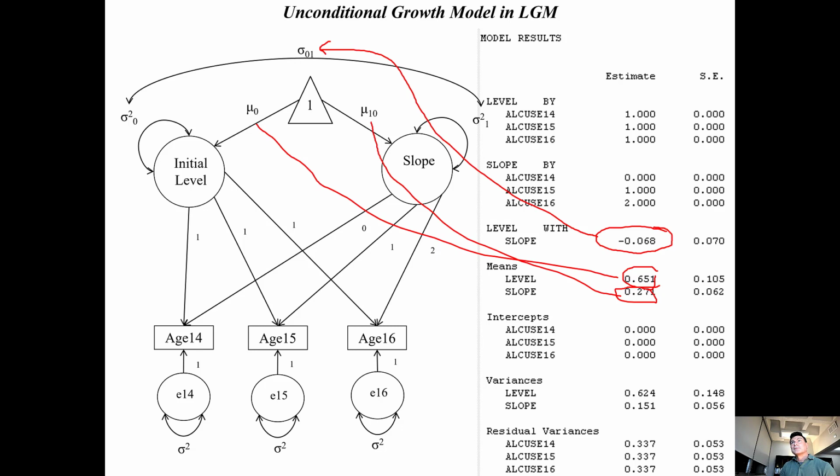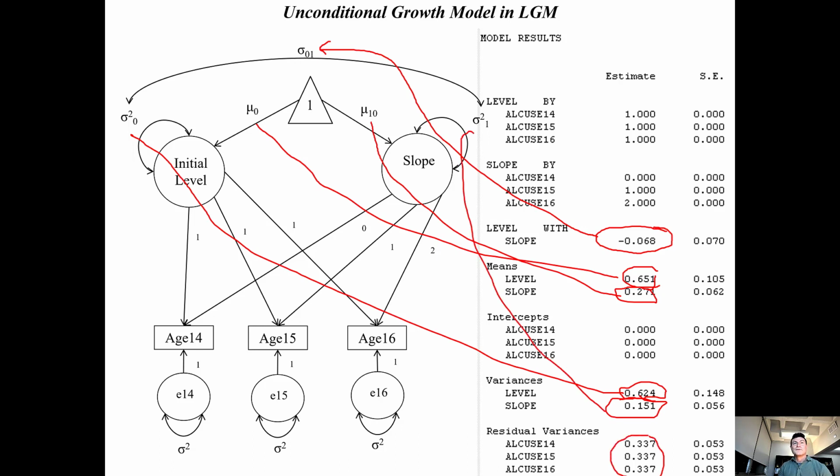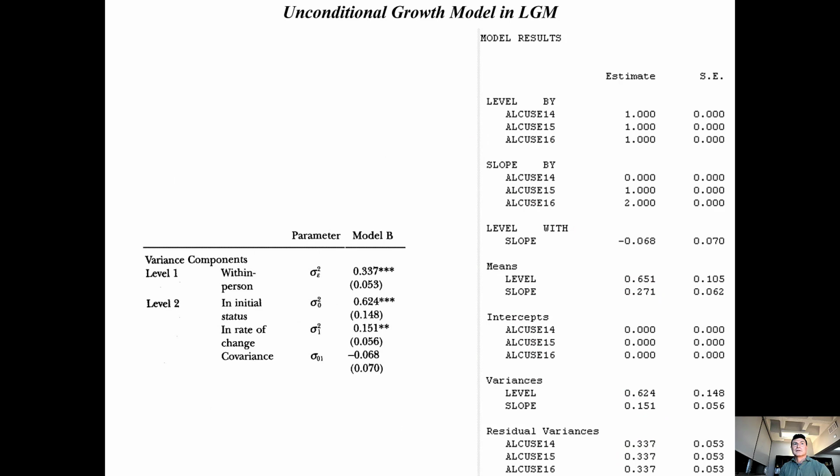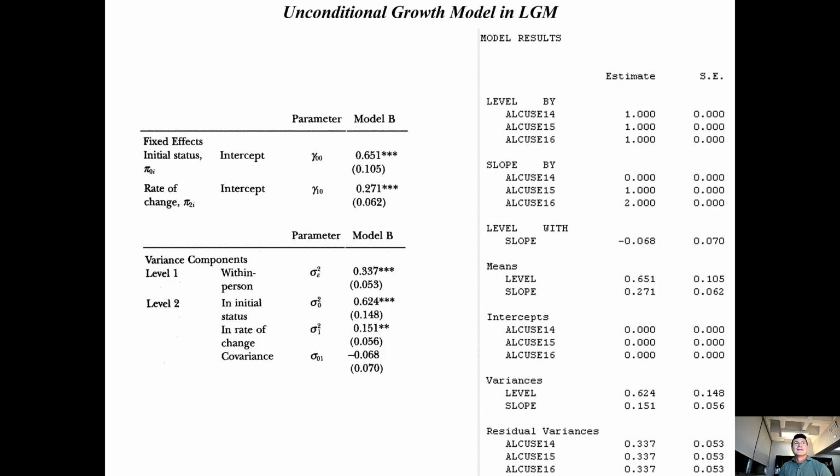We've got our variances associated with our starting point and variance associated with our slope. And then we have our leftover, how well we're fitting each individual with that straight line growth pattern. All right. And then this shows that we get the same results as SPSS.